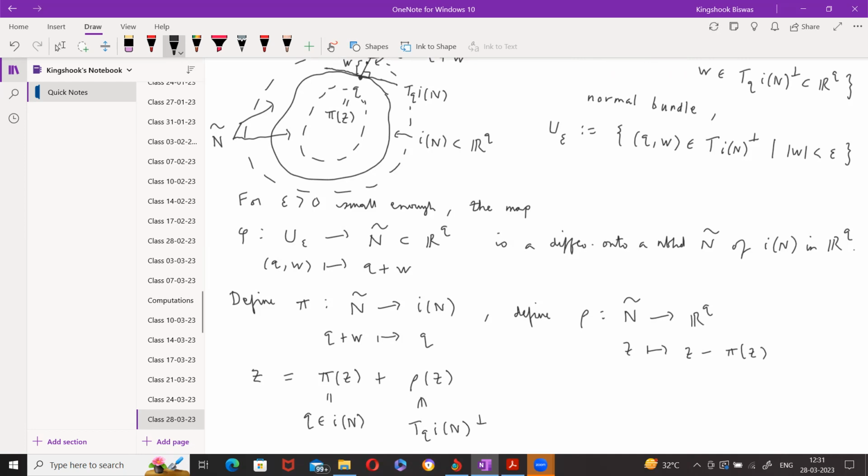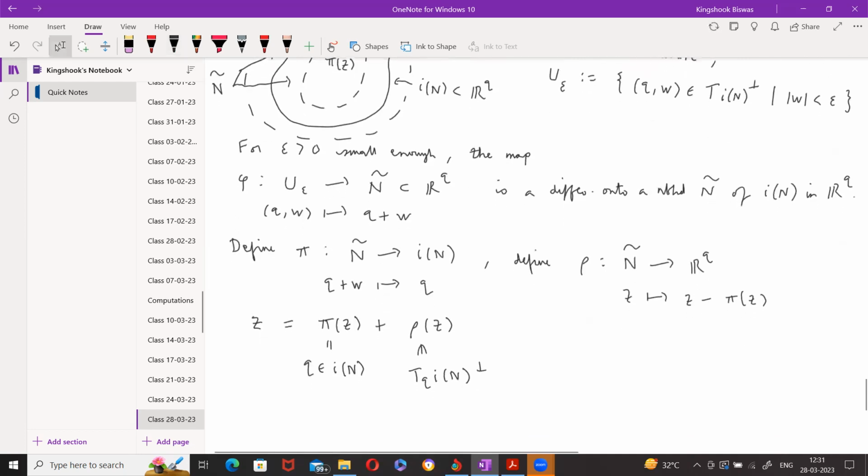Sir, so this pi you have written, if I take N to be S^n, it's just radial projection, Z goes to Z over norm Z, right? Yes, that's right.